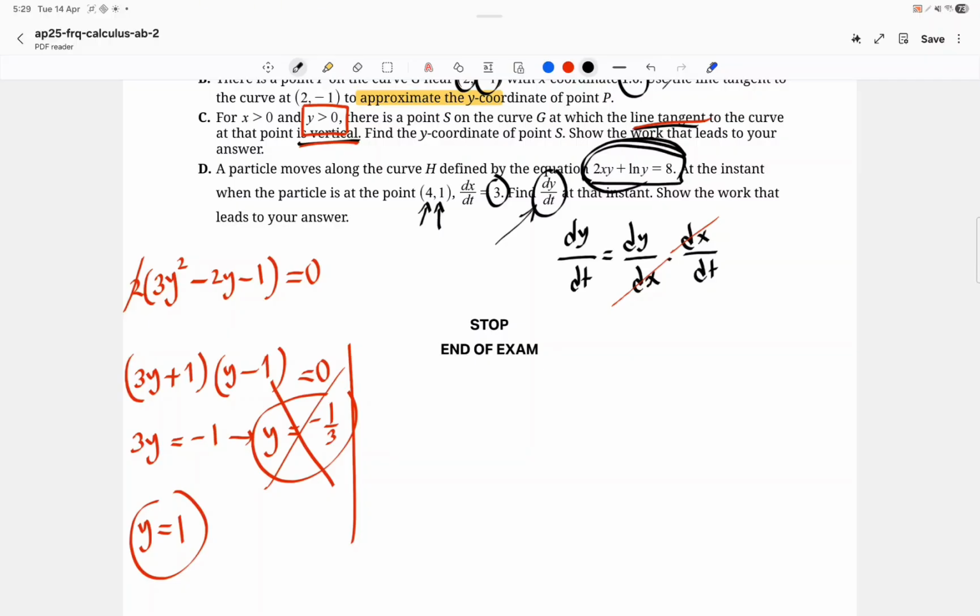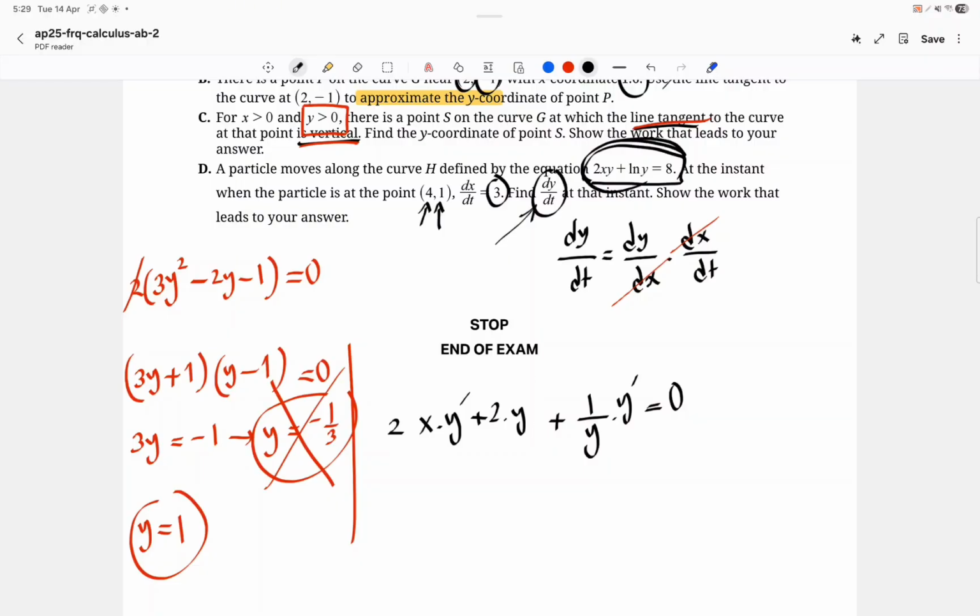We should do the product rule for the 2xy. So x times y prime plus 1 times y, plus ln y means 1 over y times y prime, which equals 0. Distribute this 2, so 2x y prime, and here 2y.